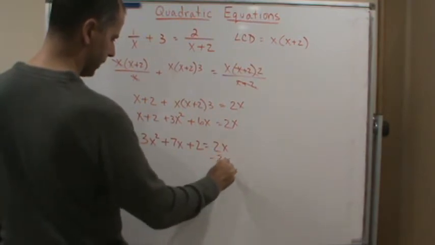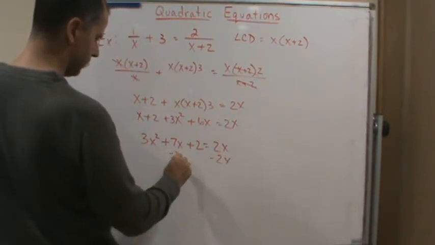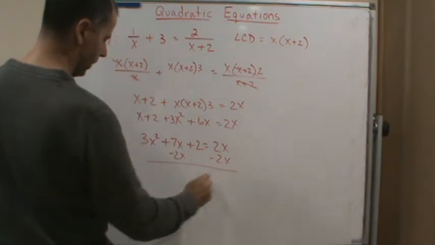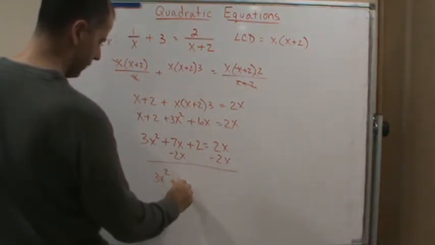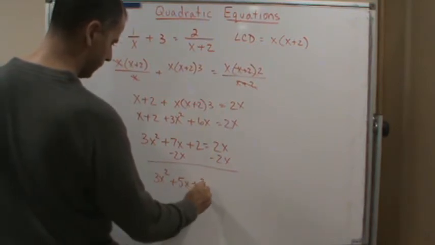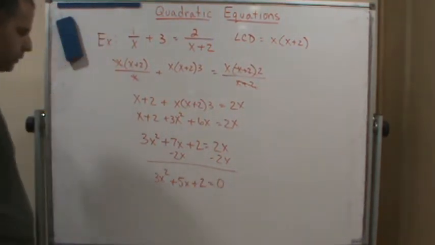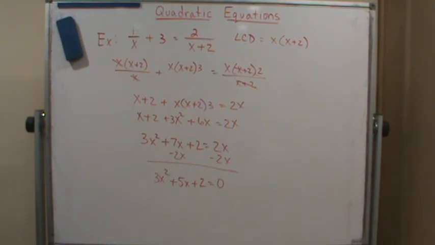And so I'm going to subtract 2x from both sides. And I get 3x squared plus 5x plus 2 equals 0. Okay, so now I'm ready to factor.